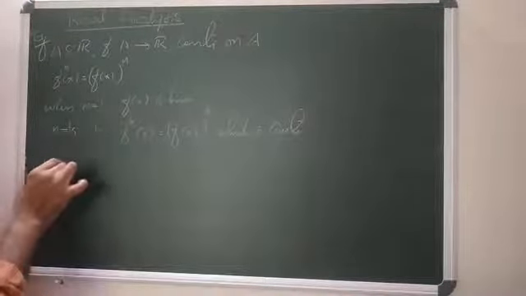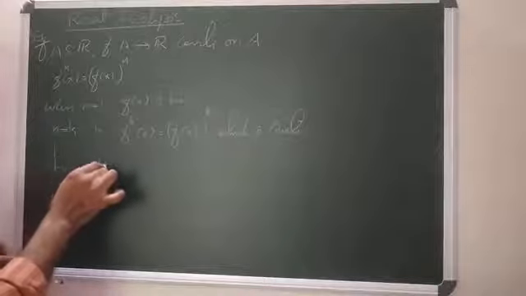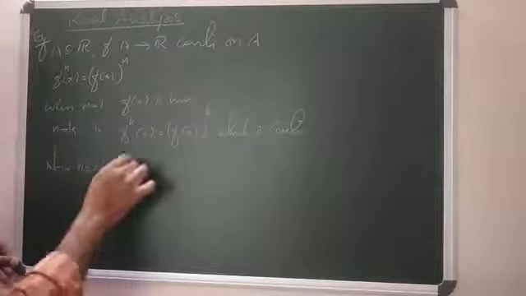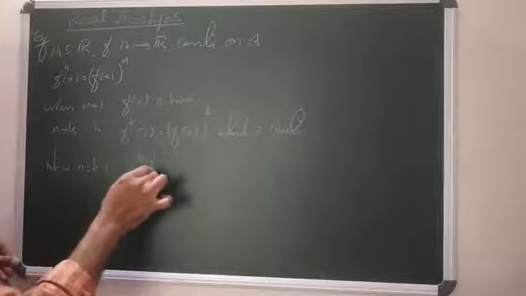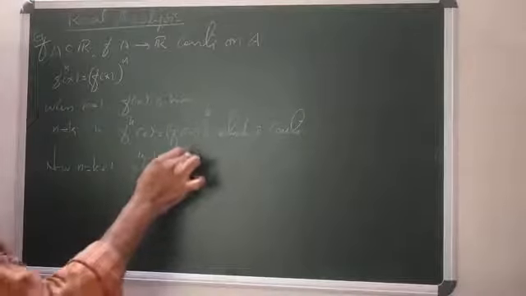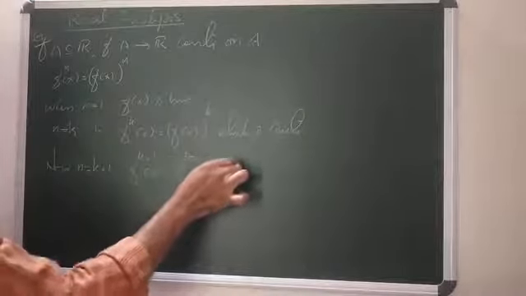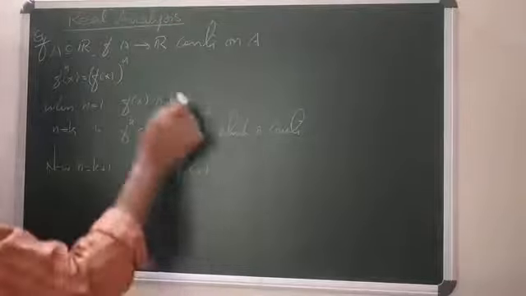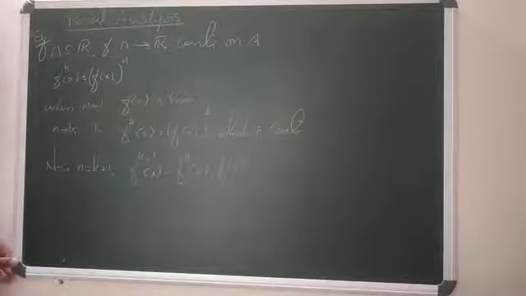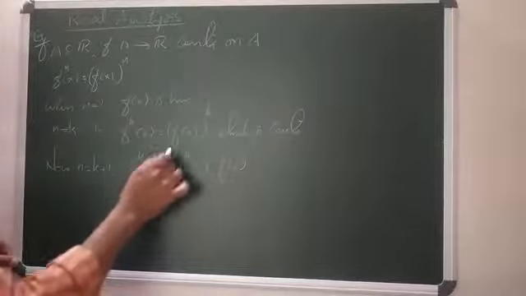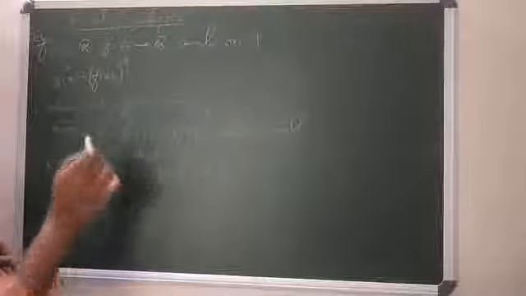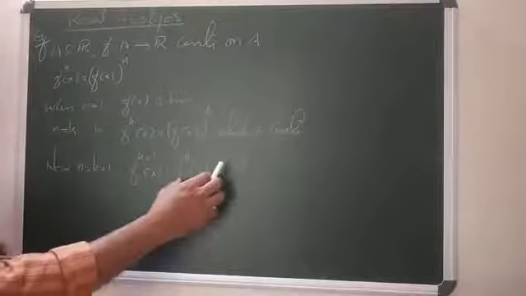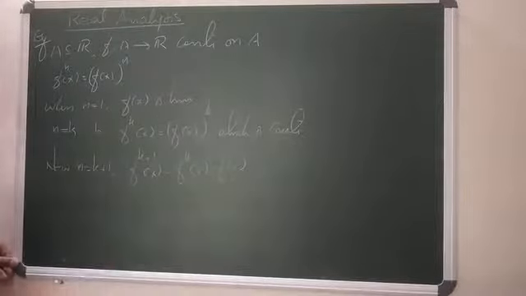Now, let n equals k plus 1. When n equals k plus 1, what is fk plus 1 of x? Fk plus 1 of x equals fk of x into f of x. Clearly we know that f of x is a continuous function. Why? Because that is our hypothesis. Fk of x is continuous according to our assumption. And we know that the product of two continuous functions is continuous.